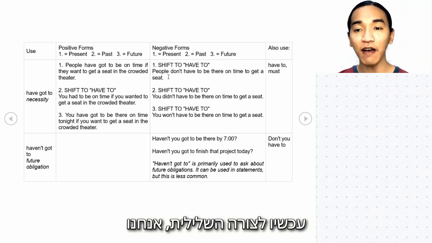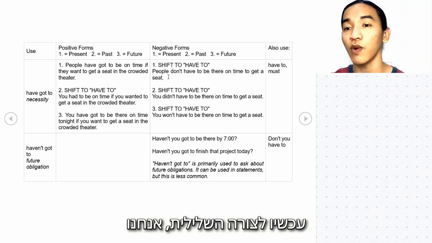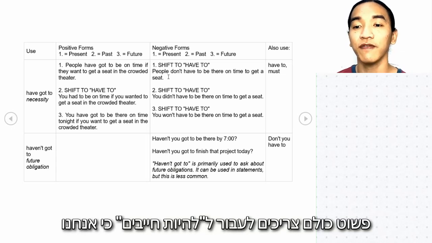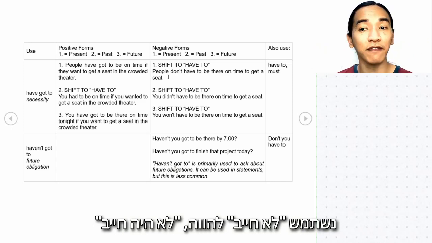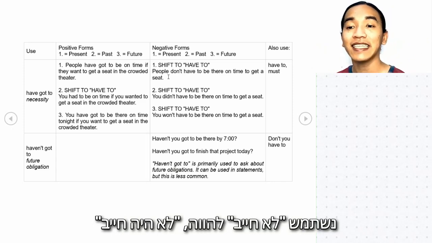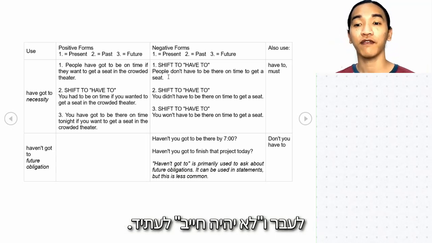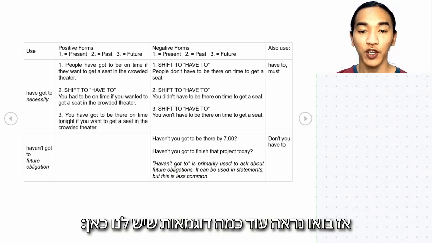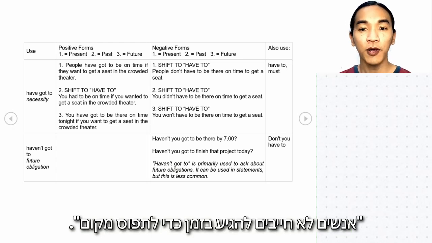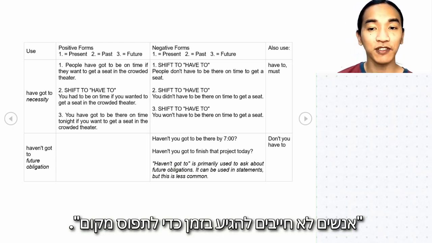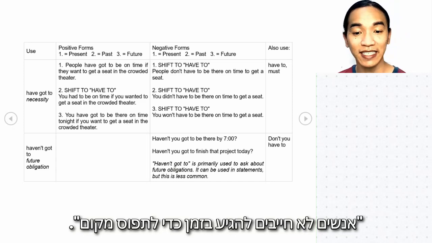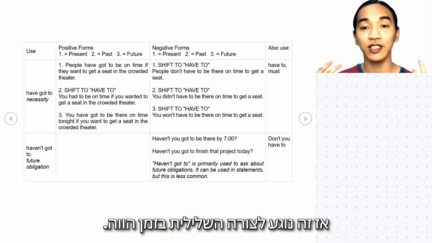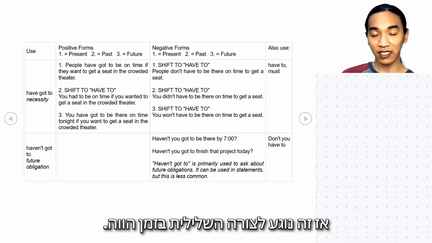Now, for the negative form of this one, we just have to shift to have to because we will use don't have to for present, didn't have to for past, and won't have to for future. So let's see some more examples. People don't have to be there on time to get a seat. This pertains to the present negative form.